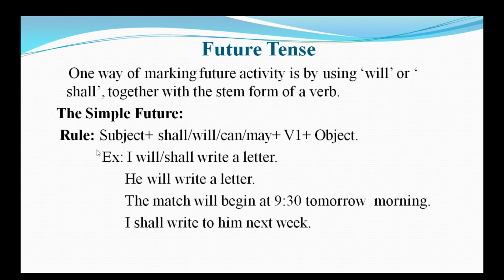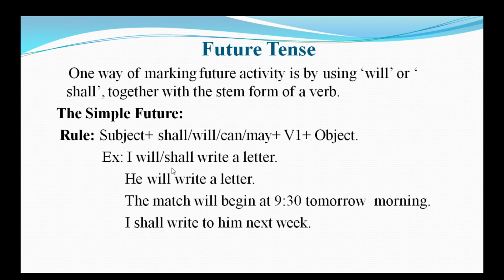The simple future. Here the rule is subject plus shall or will or can or may plus V1 plus object. So it's very easy to frame sentences in simple future. For example, I will or I shall write a letter. Here will or shall.